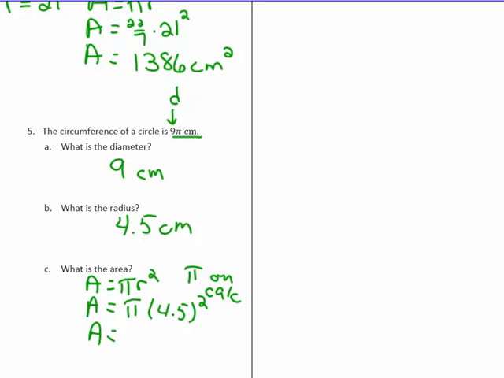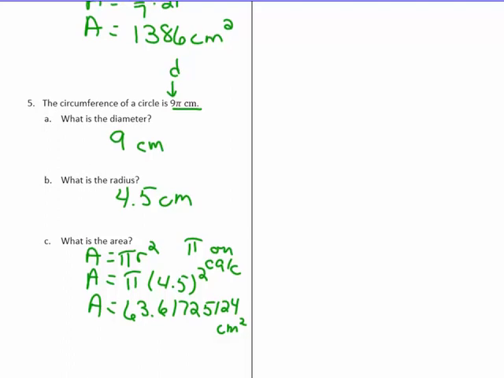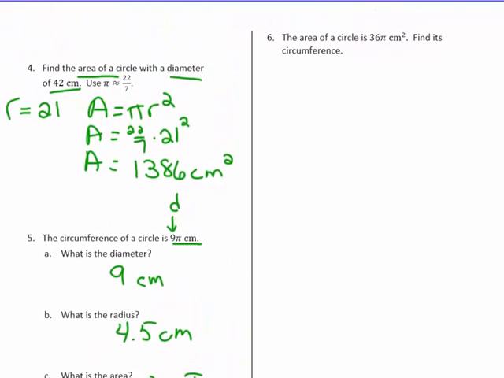It's going to give me a big long decimal, but that's okay. 63.61725124 centimeters squared. All right, so if they're giving me the circumference, I can find the area. Now they want me to go backwards.